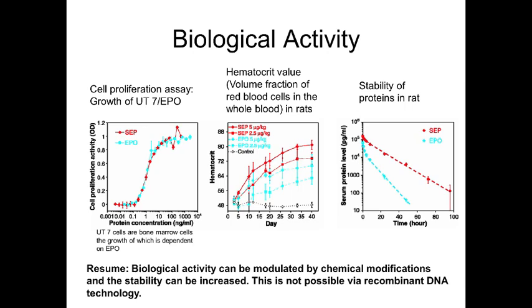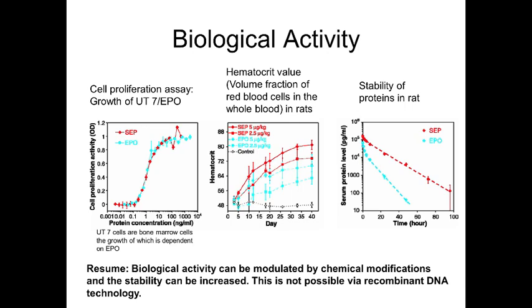When it comes to the hematocrit value, that's the volume fraction of red blood cells in the whole blood, a rat model showed that the synthetic counterpart was more effective than the native protein at driving up the hematocrit value.